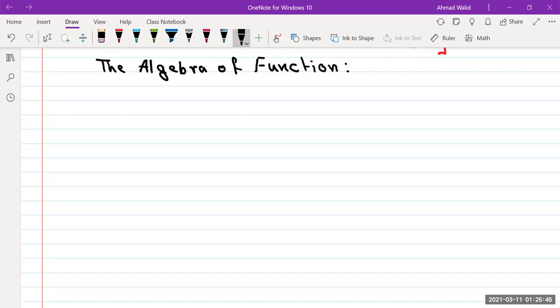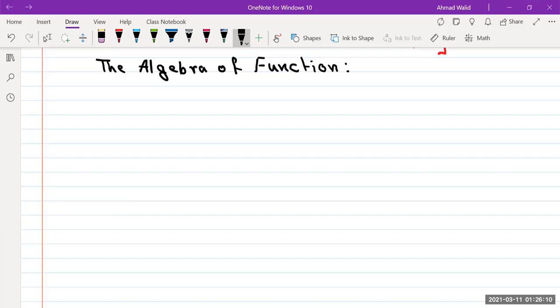What is algebra of functions? Algebra of functions means the 4 operations that we have in mathematics. Sum, difference, product, and quotient, correct? We call these 4 operations algebra.